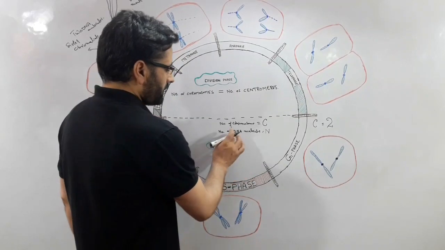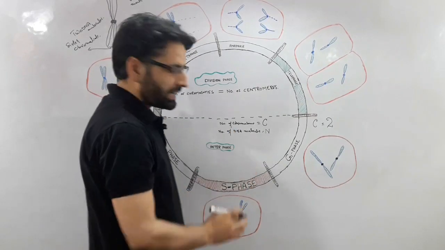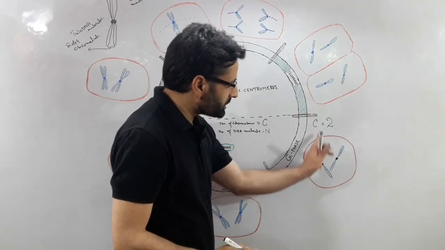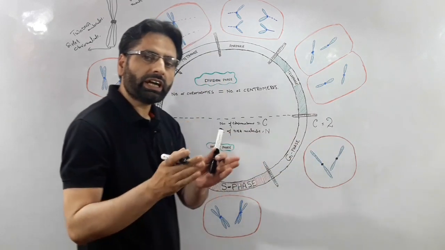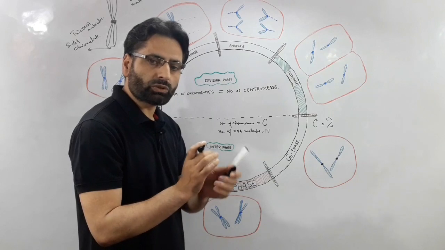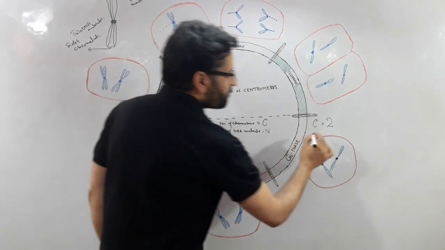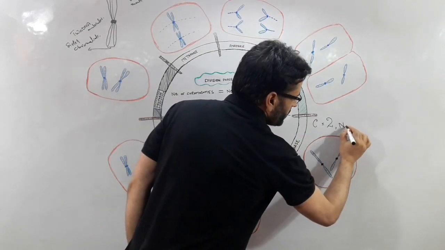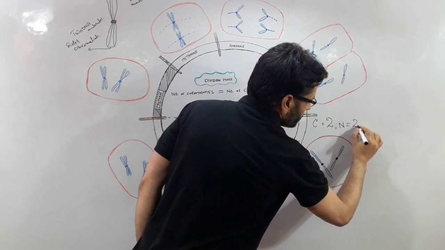And as we have only one DNA molecule in a single chromosome, the number of DNA molecules is also equal to 2.